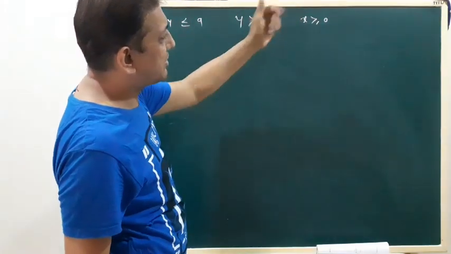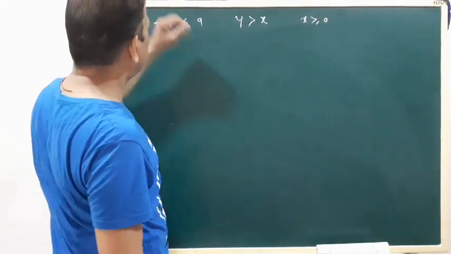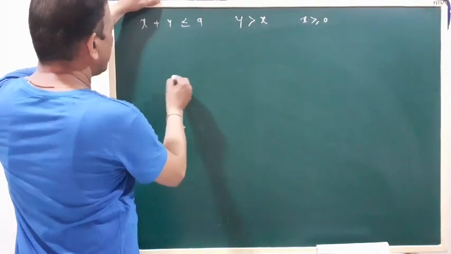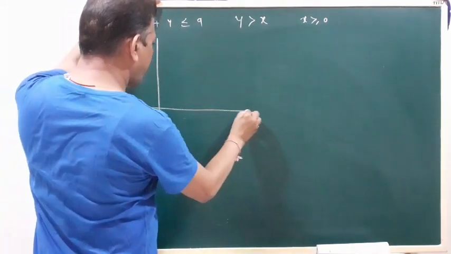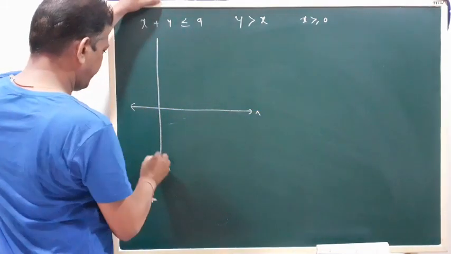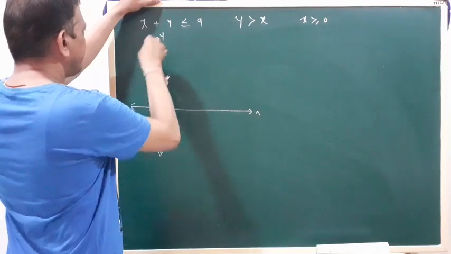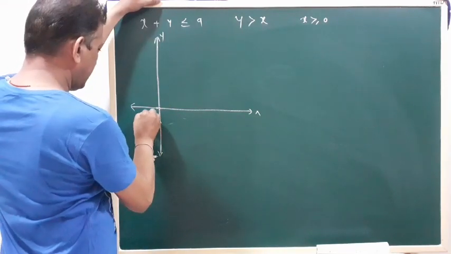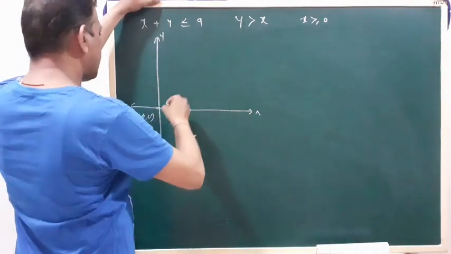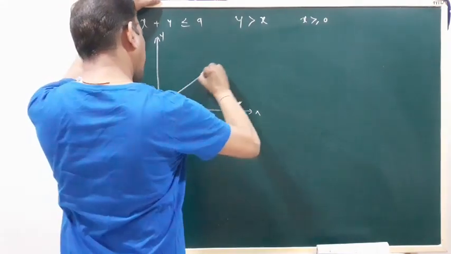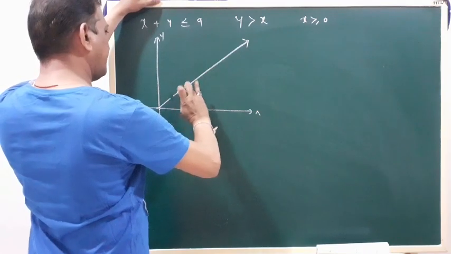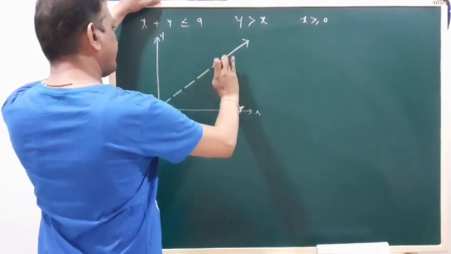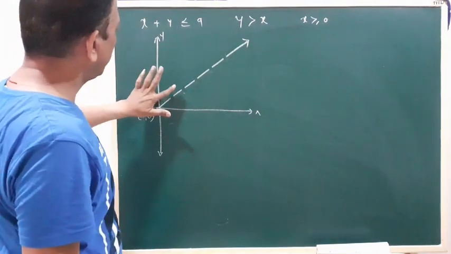But here we must draw x greater than or equal to 0, so our graph is only in the first and fourth quadrants. Here is the origin. First we draw this line dotted, because it is a strict inequality sign. Clear?